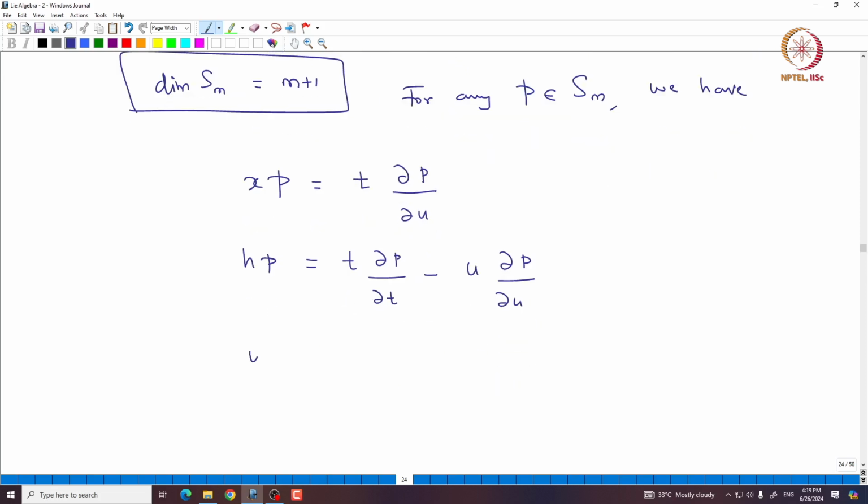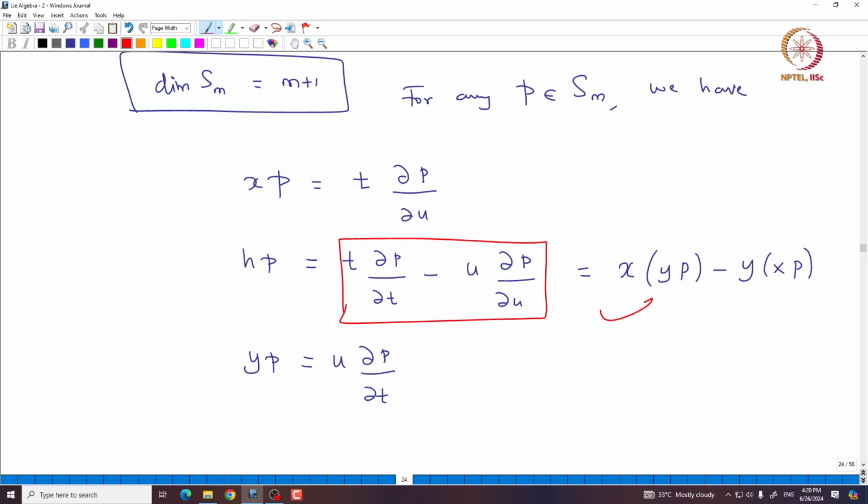Okay. And how does y act? y acts on p by u times dou p divided by dou t. Note that the action of h can be obtained from the actions of x and y. So, we need to have that h acting on p is exactly x y acting on p minus y x acting on p. Okay. Using this one can calculate the formula, that is not a problem.